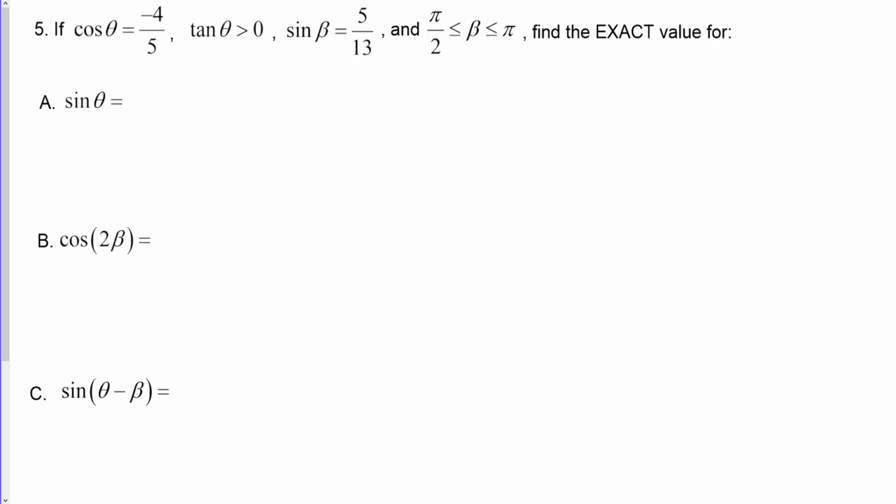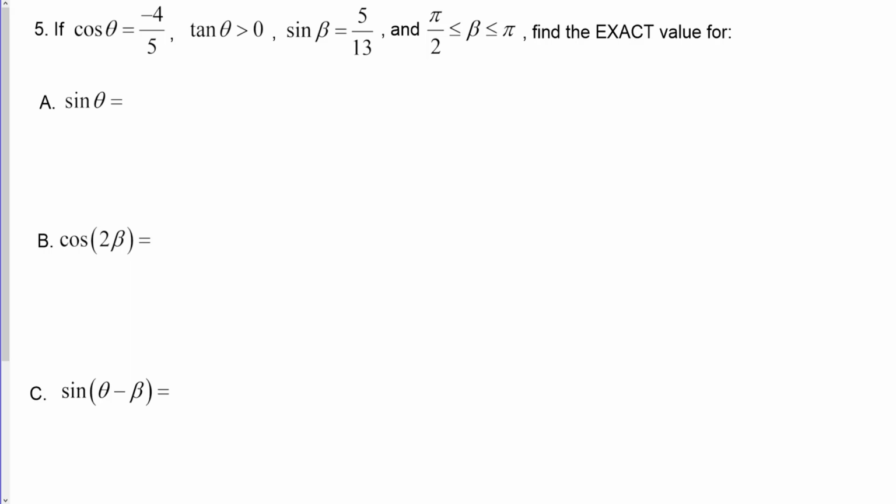Number 5. If cosine theta equals negative 4/5, tangent theta is greater than 0, sine of beta is 5/13, and beta is between pi over 2 and pi, find the exact value for sine theta, cosine 2 beta, and sine of theta minus beta. Alright, so let's get an idea of what's happening with these angles first.